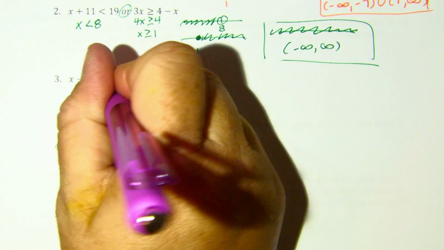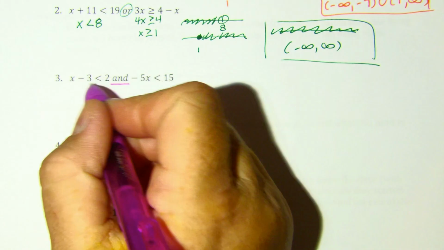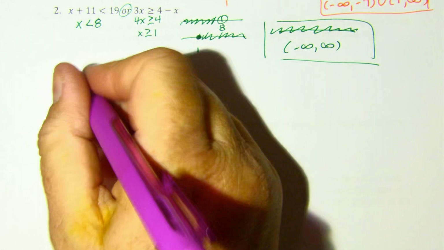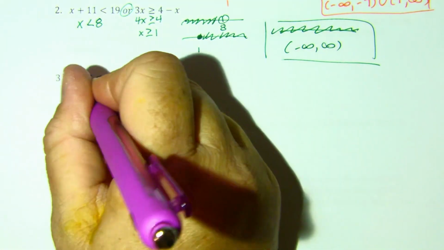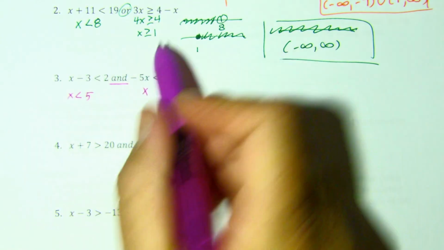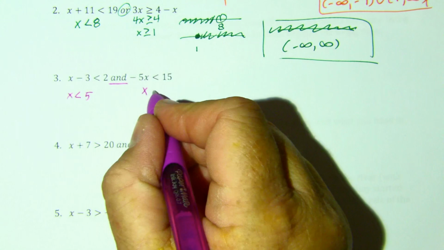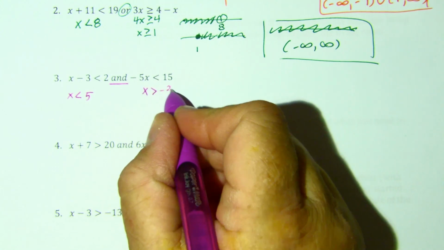The next one has the word and, so you want to make sure that we're saying both of them are true. So we want where this is true and where this is true. If I add 3 of x less than 5, and dividing by a -5, remember anytime you divide an inequality by a negative, you have to flip the direction of the inequality. 15 divided by -5 is -3.